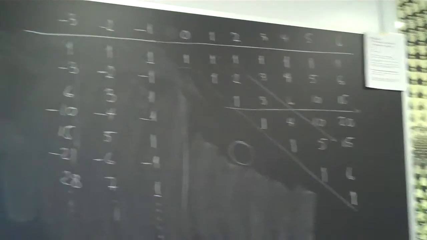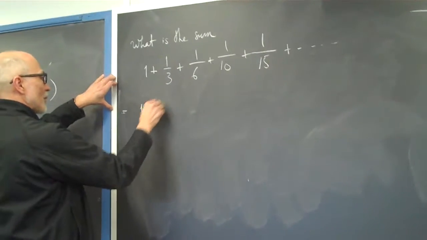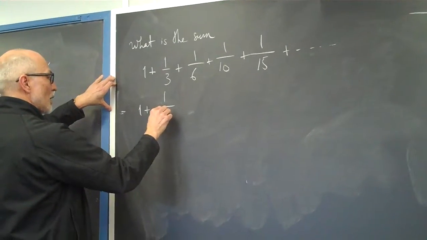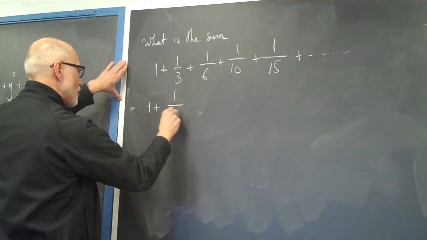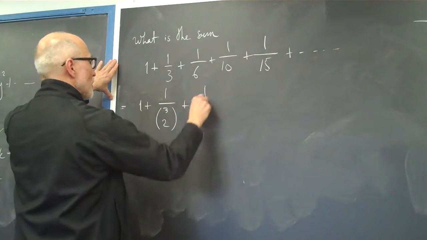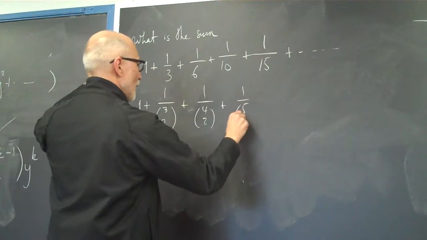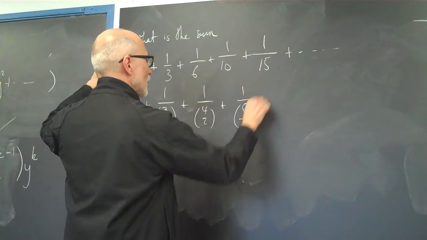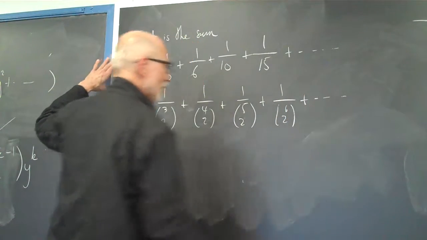These numbers are 1 over 3 choose 2, plus 1 over 4 choose 2, plus 1 over 5 choose 2, 1 over 6 choose 2, etc., etc., etc.